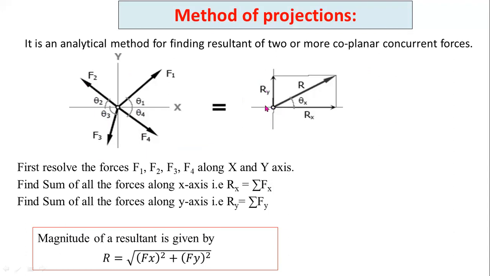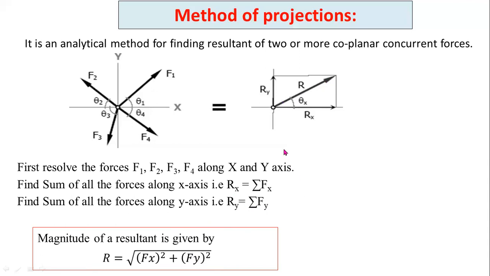After that, you have to convert these two forces into a single force. That single force is called the resultant. For determining the magnitude of the resultant, we use the formula R equals square root of horizontal forces squared plus vertical forces squared.